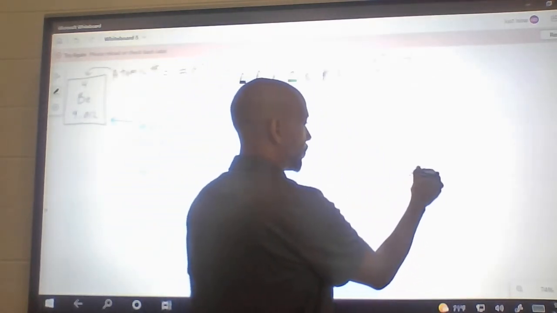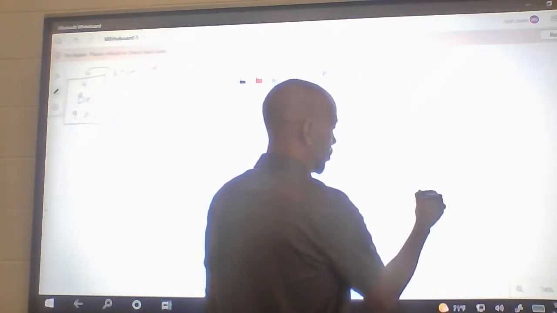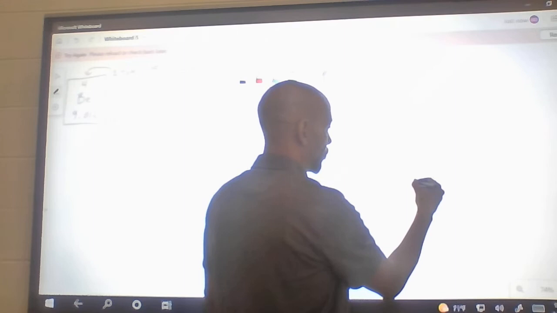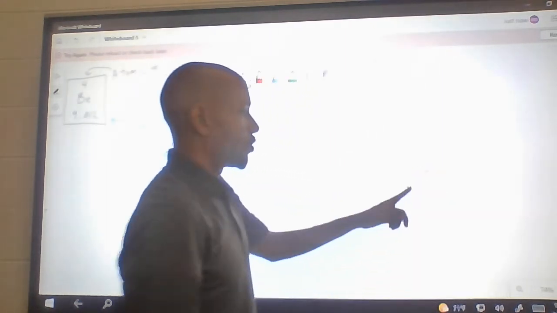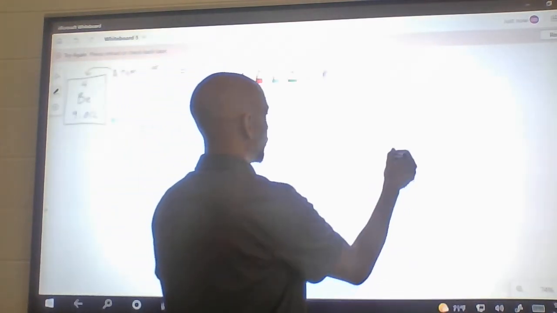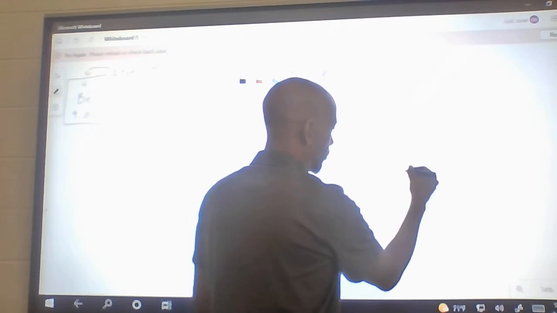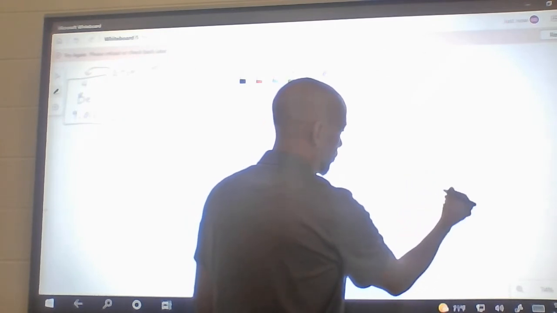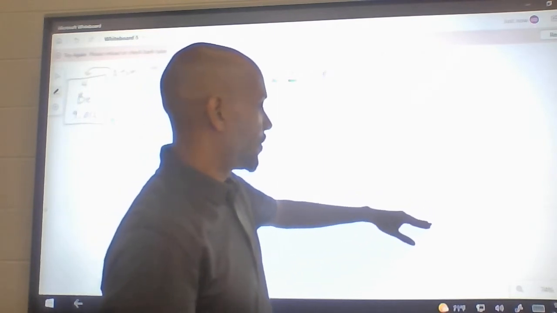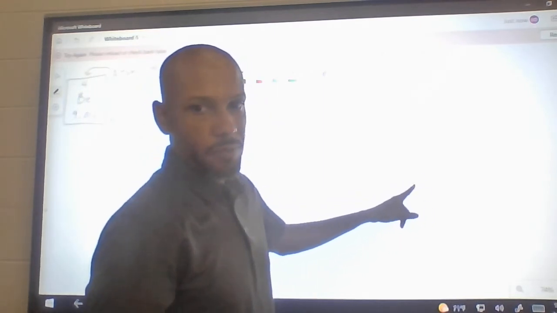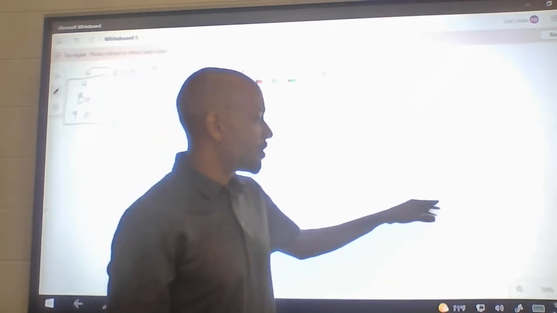We also need 4 protons. 1, 2, 3, 4. 4 protons, and then this is going to represent my nucleus. So I'm going to kind of put that as a shell to represent. All right, so this will represent my nucleus. And so we can see that most of the mass is going to come from my nucleus.